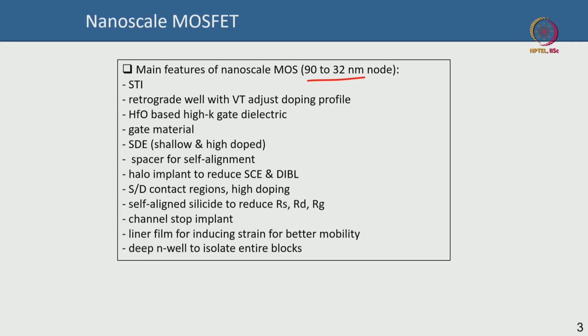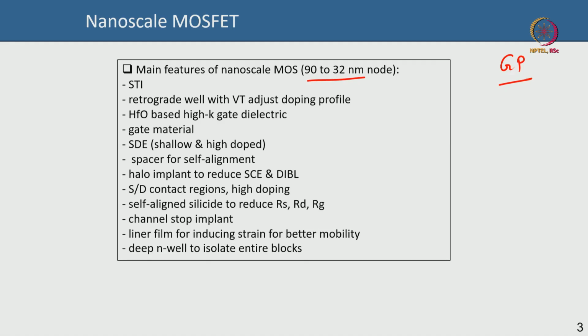However, RF devices are also implemented there, because in a complete system you need a lot of RF operation also, mixing, oscillation, etc., in the backdrop of all the digital signal processing or logic that might happen. So, right now we will not talk about silicon platforms that are specifically designed for RF, but rather we will talk about scaled MOSFETs in general, and we call them GP or general purpose MOSFETs. They could be useful mostly for logic, but RF devices are also implemented on them. Typically we are talking about the 90 to 32 nanometer node, because we are looking at RF application, we are not looking at digital logic here.